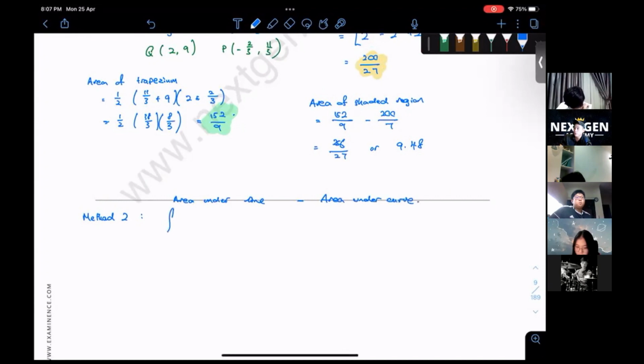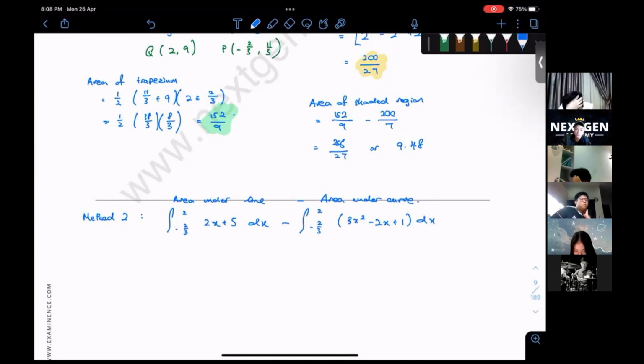Okay, so I integrate from -2/3 to 2 of 2x plus 5 dx, minus the integral from -2/3 to 2 of 3x squared minus 2x plus 1 dx. Okay, understand until here? Like what I'm doing here? So area under the line minus area under the curve.